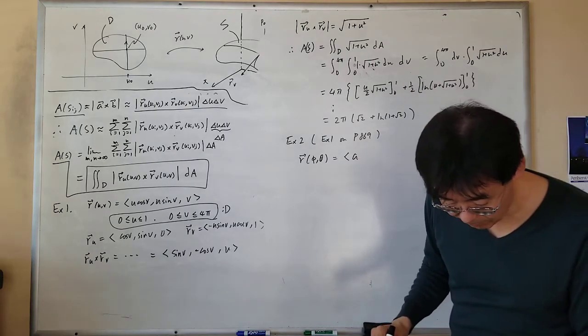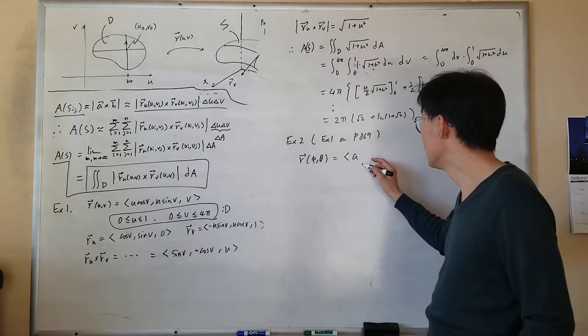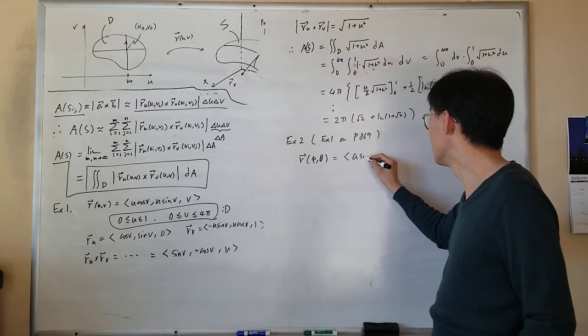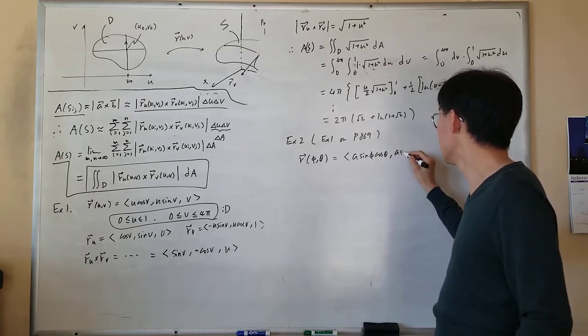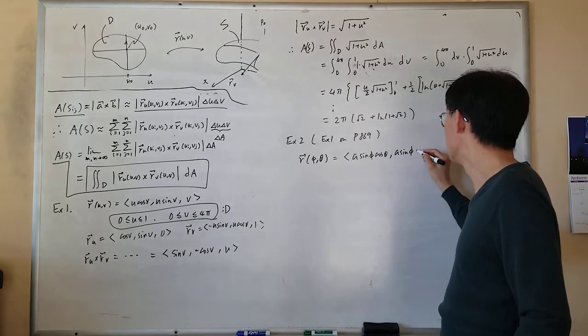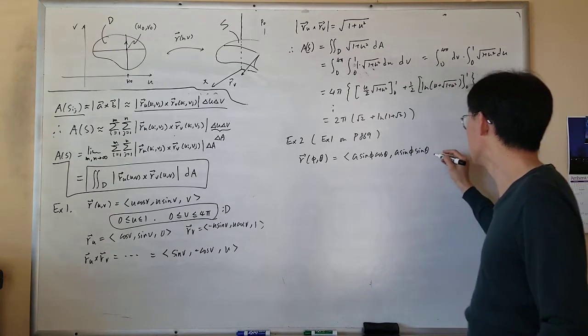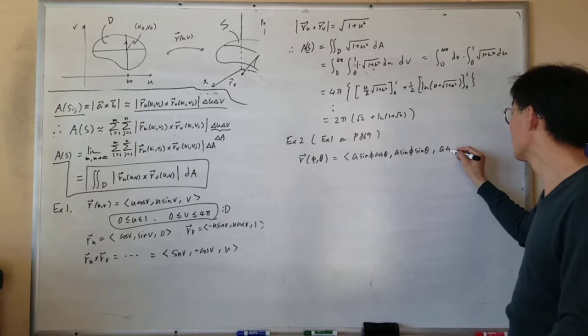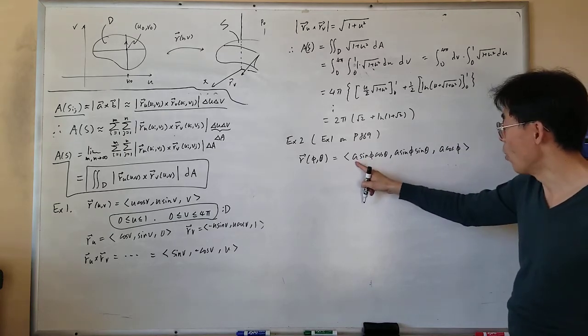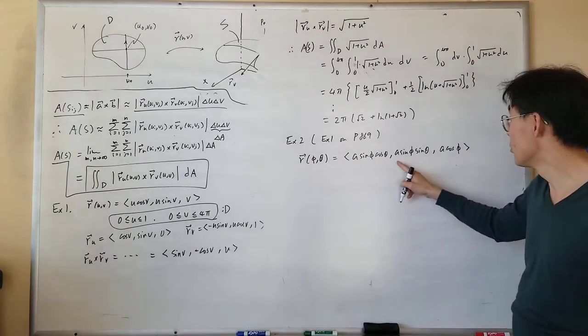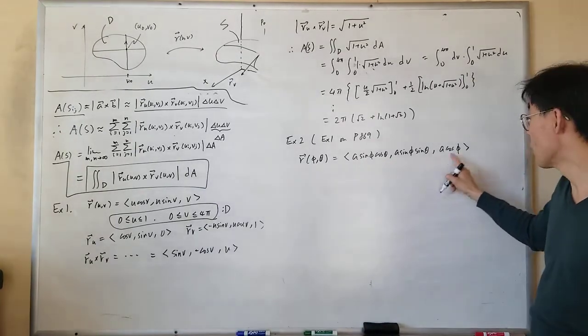It's a sine phi cosine theta, a sine phi sine theta, a cosine phi. In spherical coordinates, you have rho sine phi cosine theta, rho sine phi sine theta, rho cosine phi.